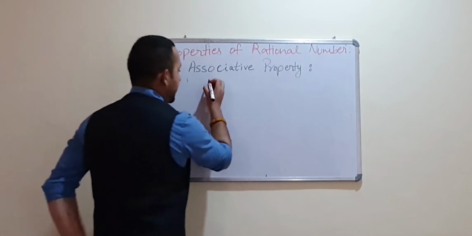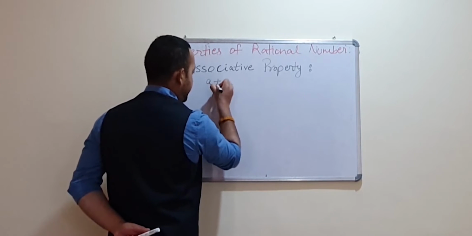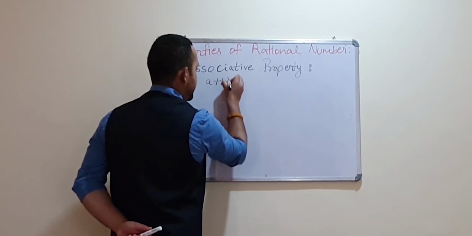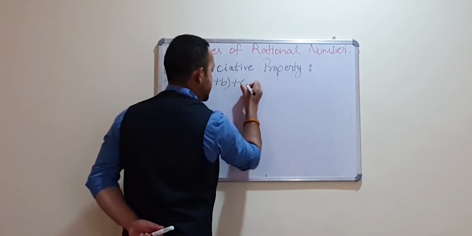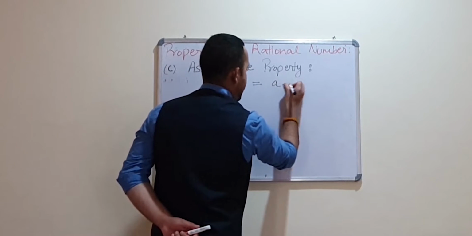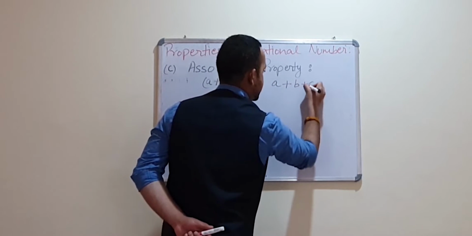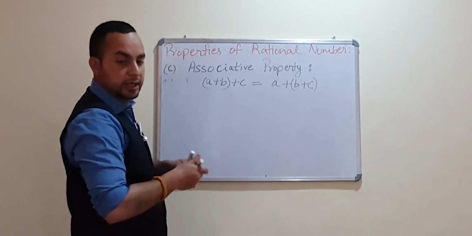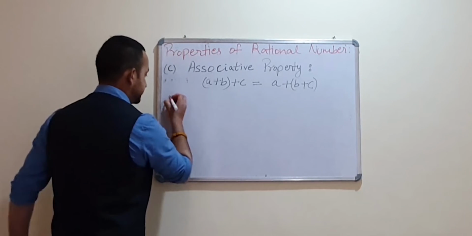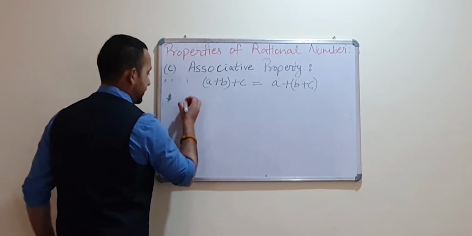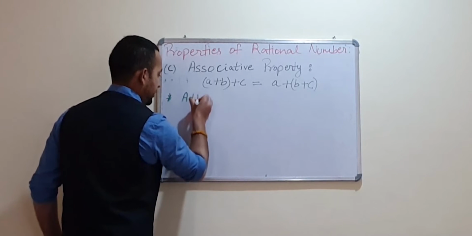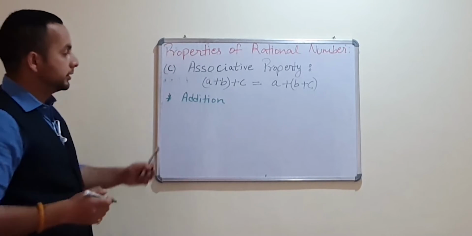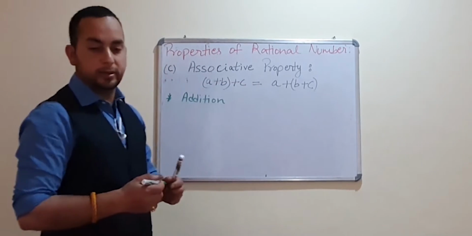Our general formula is (a + b) + c = a + (b + c). Now we are learning associative property on the basis of addition.